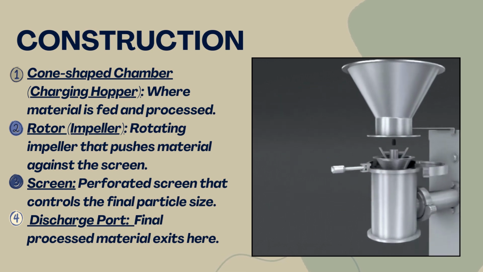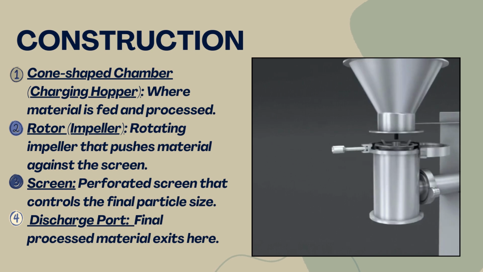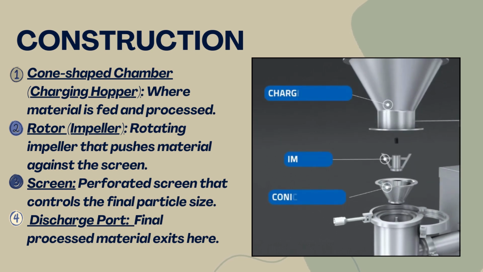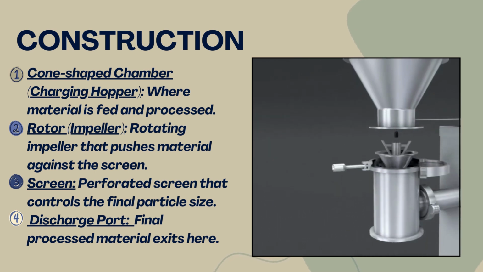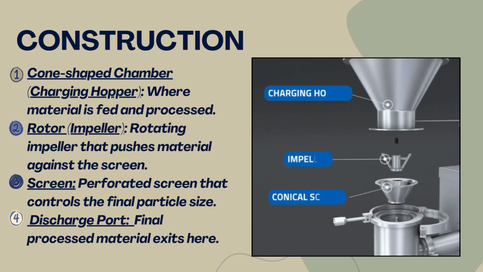Here the material is fed into the cone where the rotor operates at a very high speed. And the screen which surrounds the rotor has small perforations that allow only the appropriate size particle to pass through them. And the fine particle is collected at the discharge port.